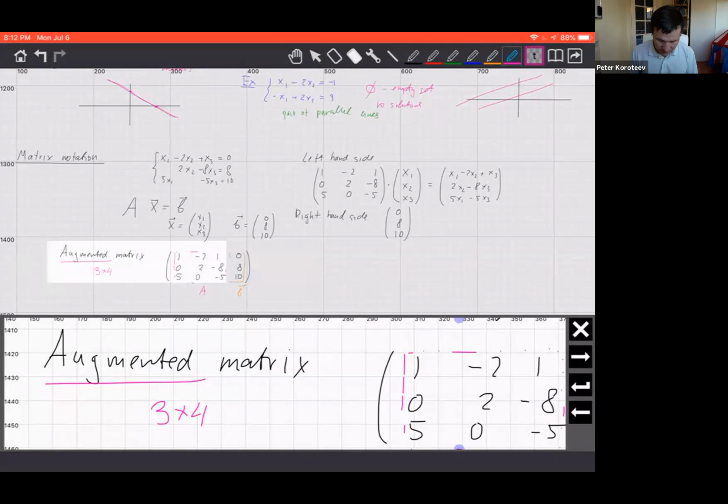Okay. Now we will use this matrix notation in order to solve the system of linear equations. And instead of just doing the usual substitution of variables from one to another, we will be doing operations with rows of the augmented matrix, which will be equivalent to the elimination procedure that you are familiar with from high school.